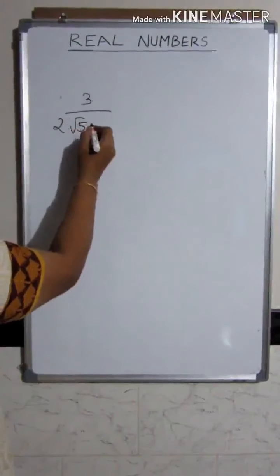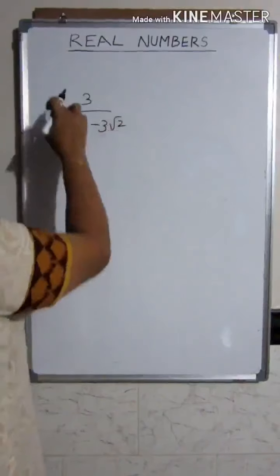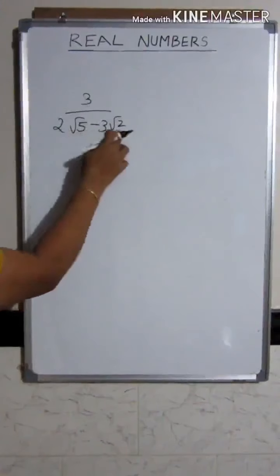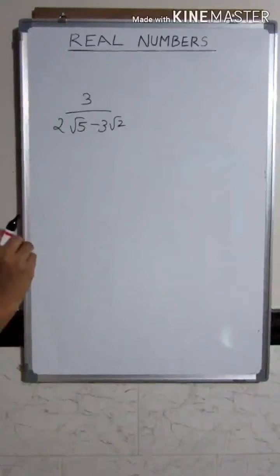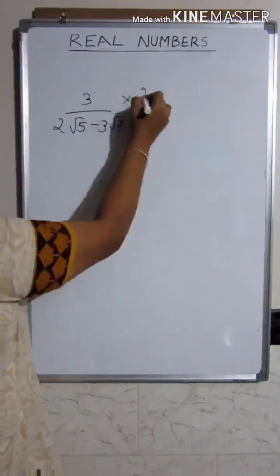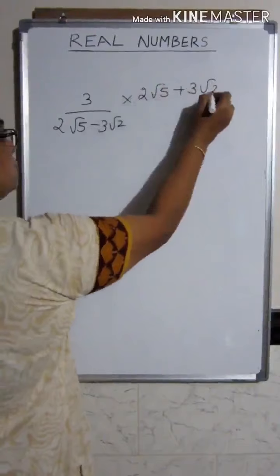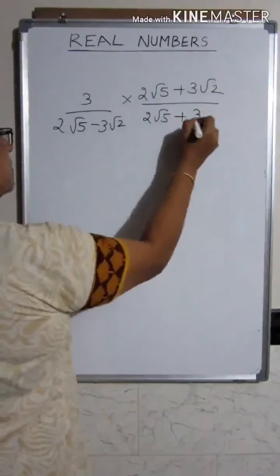Three upon 2 root 5 minus 3 root 2. Now here the rationalizing factor, whenever you have got the coefficients for the surd, the rationalizing factor when you are choosing, you have to take it along with the coefficient. So here the rationalizing factor will be 2 root 5 plus 3 root 2 upon 2 root 5 plus 3 root 2.